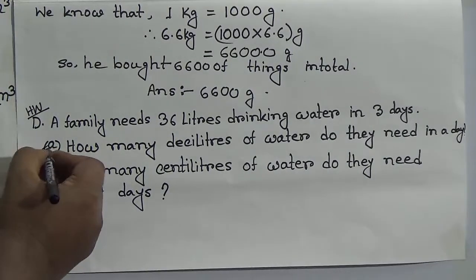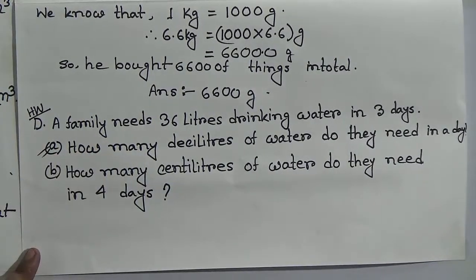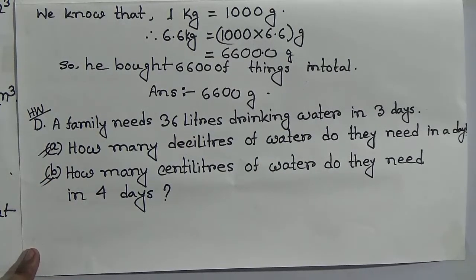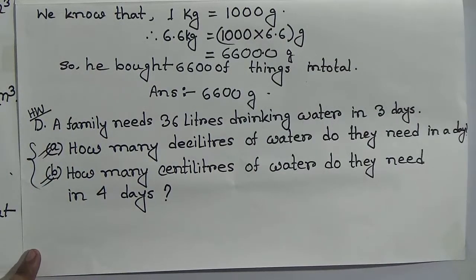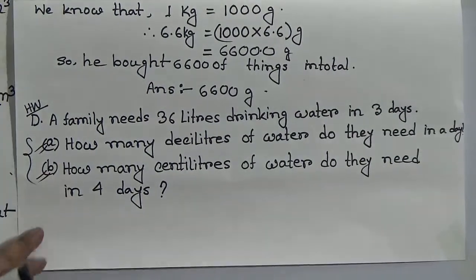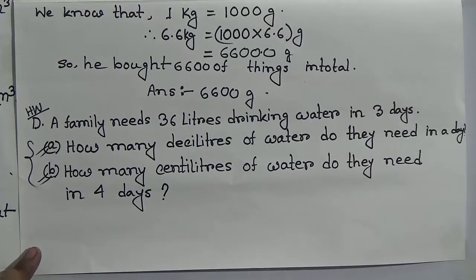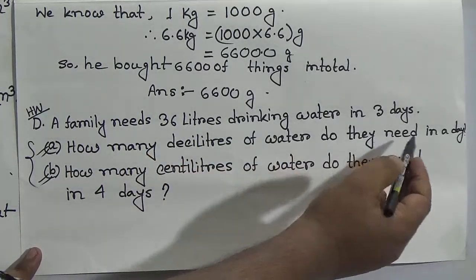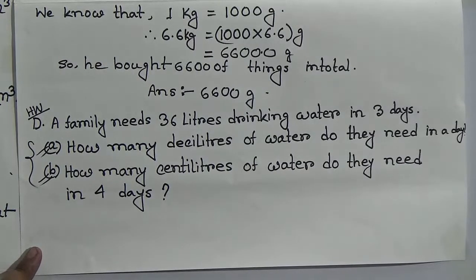Question number A is, how many deciliters of water do they need in a day? Question number B, how many centiliters of water do they need in 4 days? So before starting to solve this math, you need to make a plan or algorithm. How can you solve this math? So the first question is, how many deciliters of water do they need in a day?